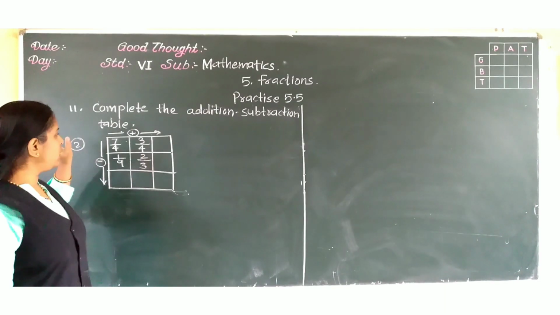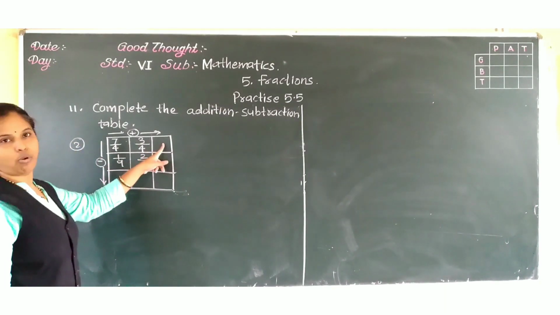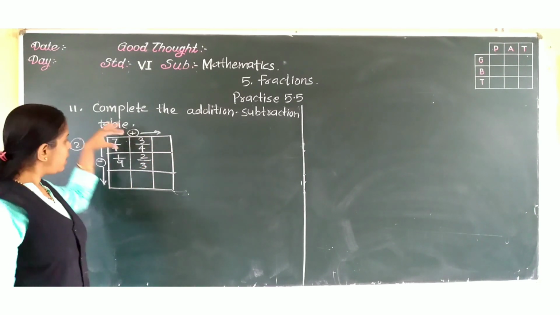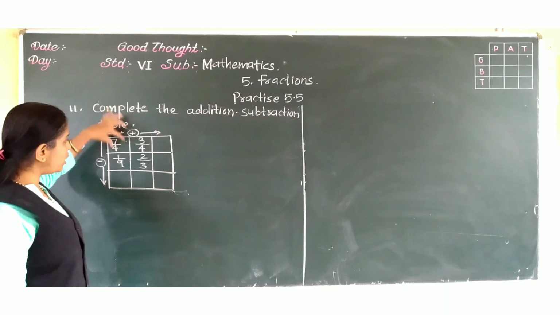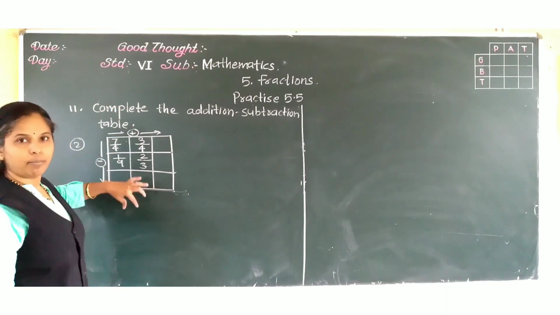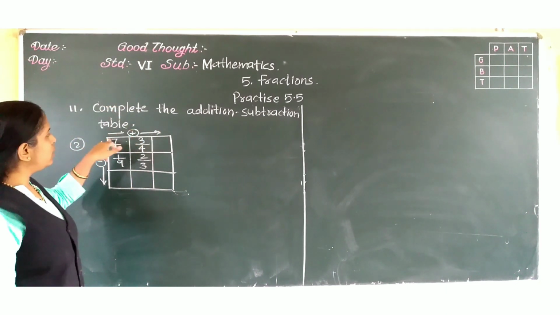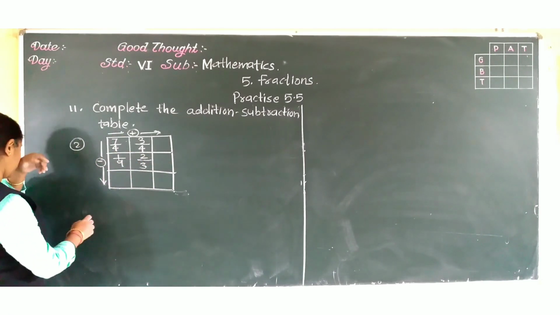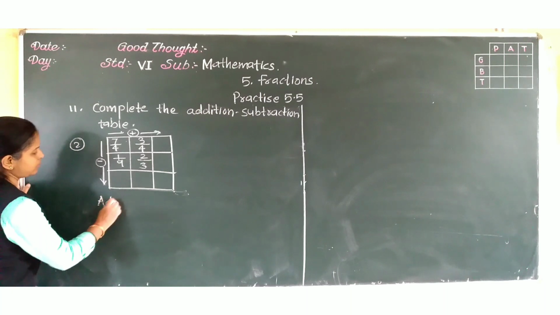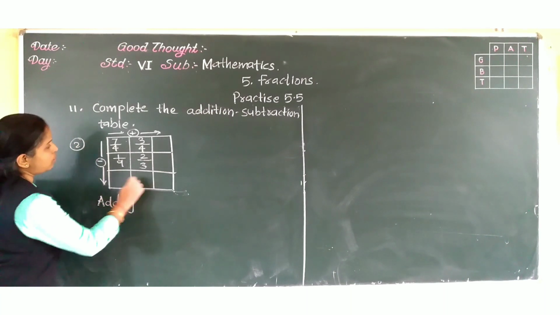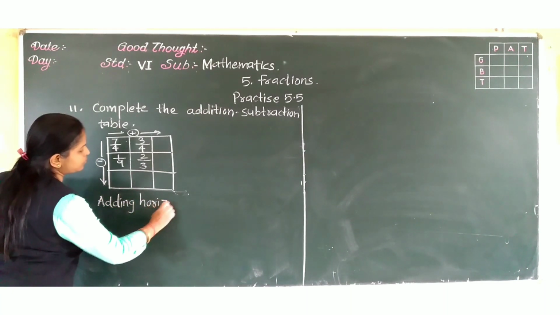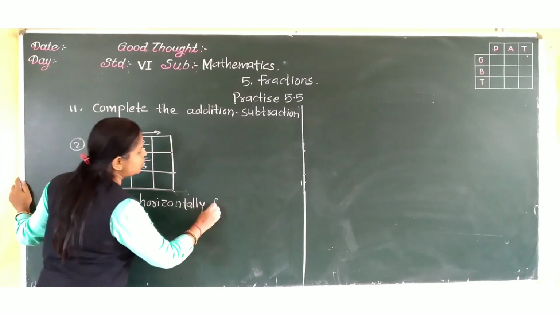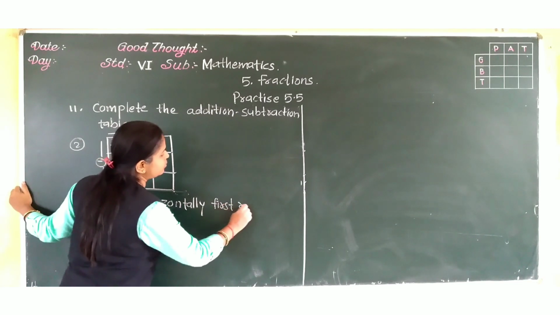11th one, complete the addition subtraction table. Okay. Now see here, these horizontal rows we have to add, and columns we have to subtract. See, they have shown rows we have to add and columns we have to subtract. So adding horizontally, first row.